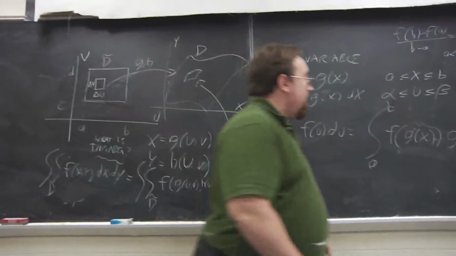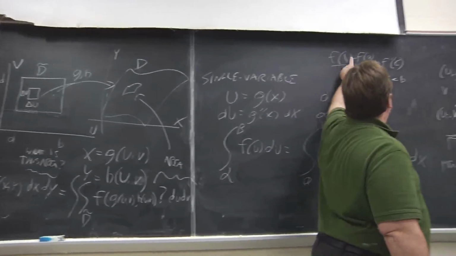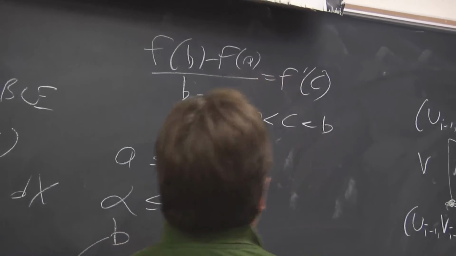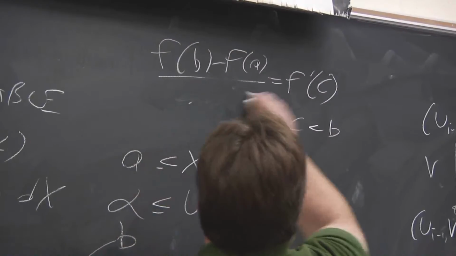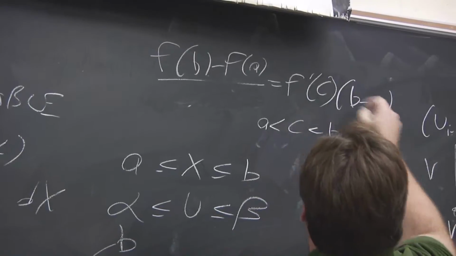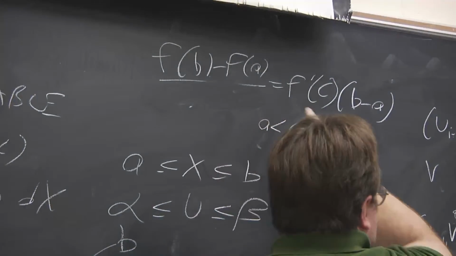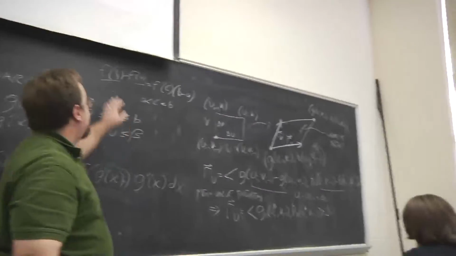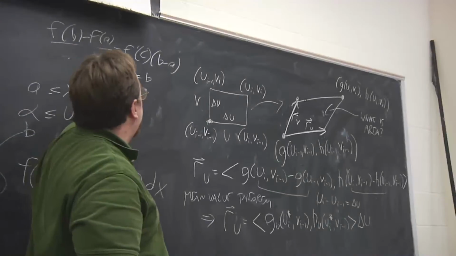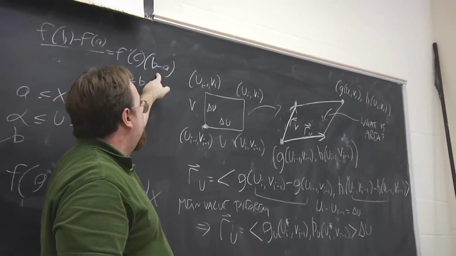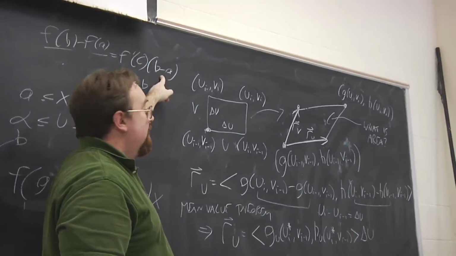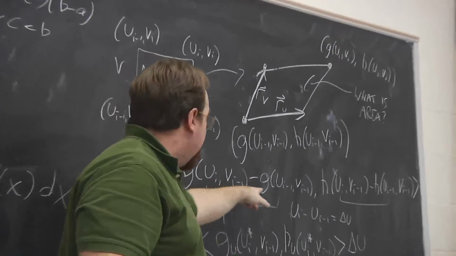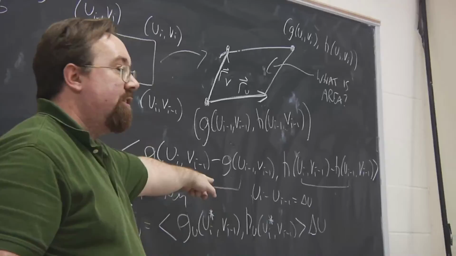All right. So the difference in function values, actually what I'll do is I'll write this a little differently. I'll just multiply both sides by b minus a. So now this more closely resembles what I have down here. The difference in function values is equal to the derivative at some point in between times the difference in the arguments. Here we're looking at u_i and u_{i-1}. The difference between those is delta u.